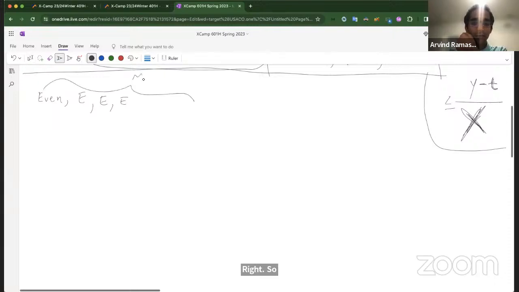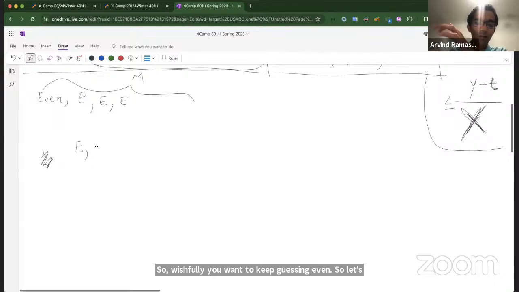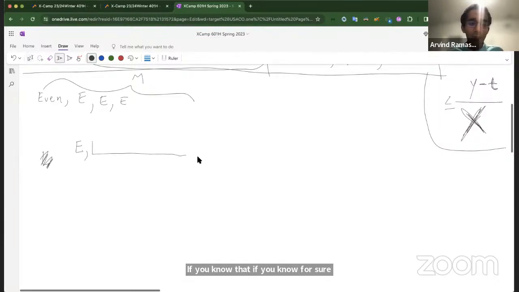Let's do the following kind of strategy. Wishfully you want to keep guessing even. You're only allowed to guess even if you know for sure that there's a way to not lose no matter what Bessie does.